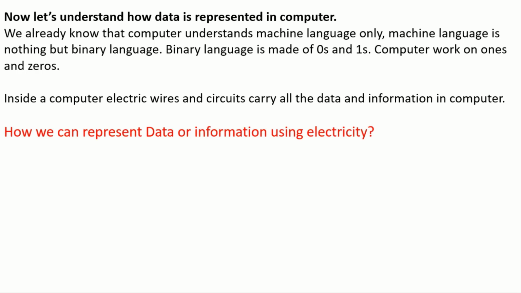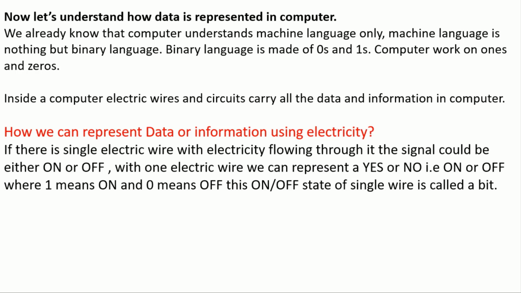How can we represent data or information using electricity? If there is a single electric wire with electricity flowing through it, the signal could be either on or off, true or false.